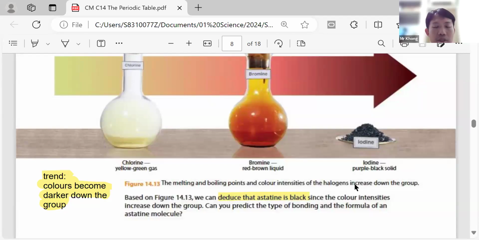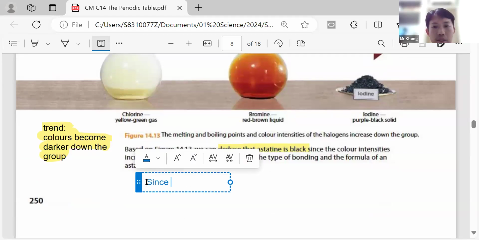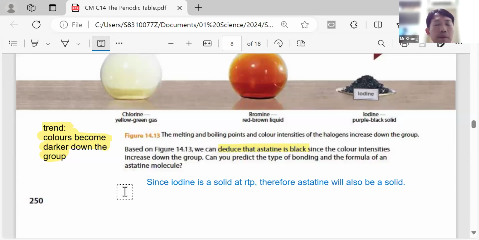And also in terms of its physical state at room temperature and pressure, since iodine is already a solid, therefore astatine will also be a solid. So I'm going to type this down. Since iodine is a solid at room temperature and pressure, therefore astatine, the element, will also be a solid. Feel free to pause the lesson if you need some more time to write down all this information.